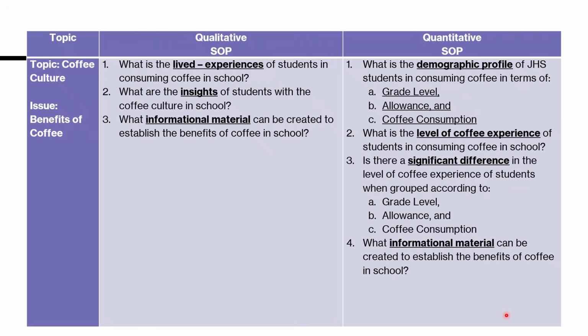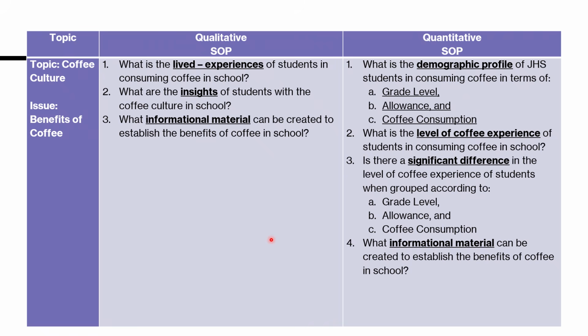Now looking at the last SOP, the recommendatory, or what we call the output, to make an impact of your research: what informational material can be created to establish the benefits of coffee in school? The supporting data for this are quantitative, data with numbers, and qualitative, understanding the lived experiences and insights.